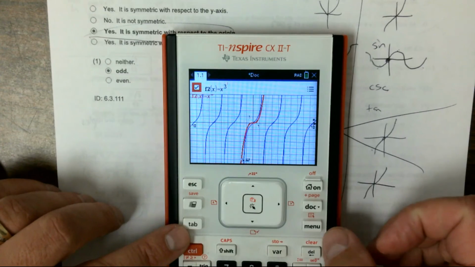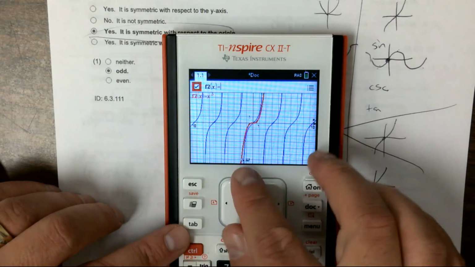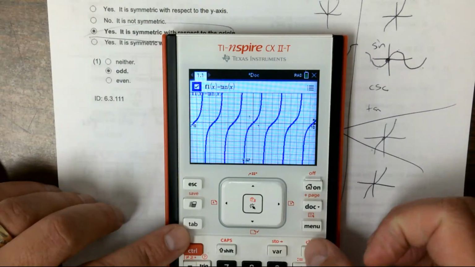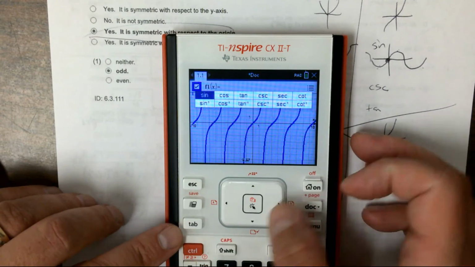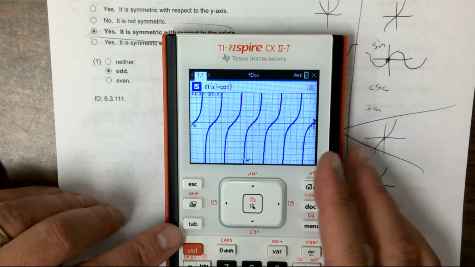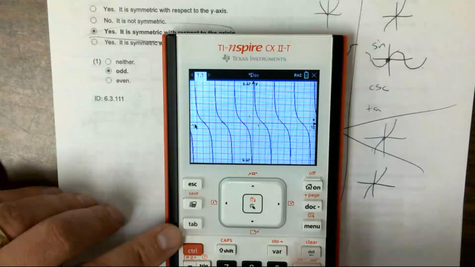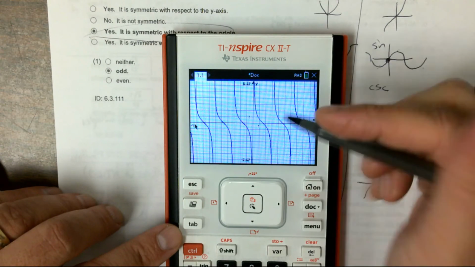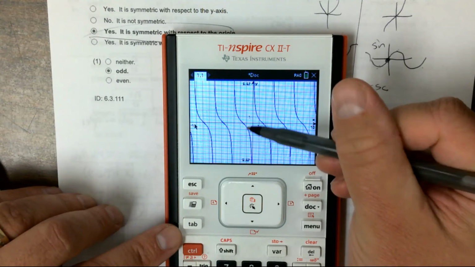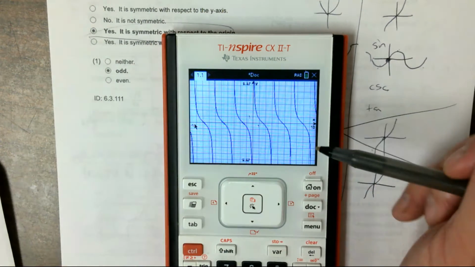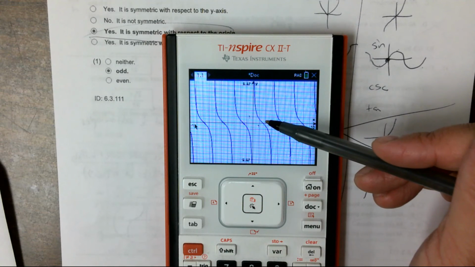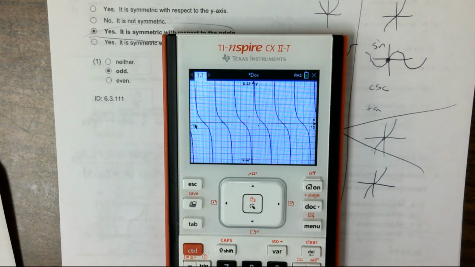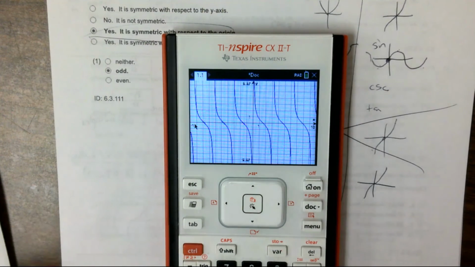And then if I just change this one to be cotan, then you can see this top part corresponds to this bottom part. Okay. That doesn't look symmetric to the y-axis at all, and so that's not even.